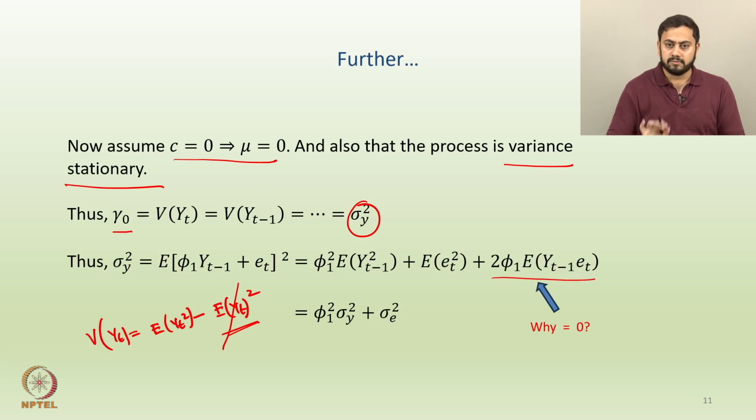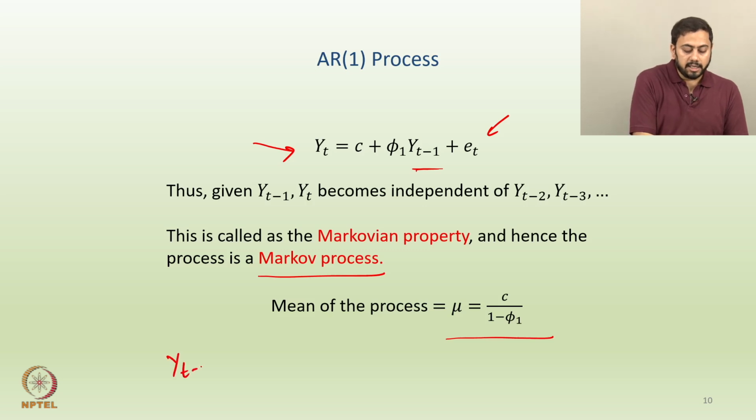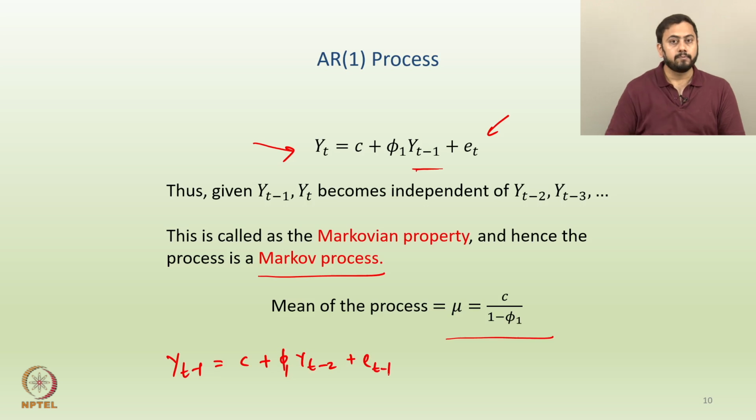Now the most important question is, why is this cross product term equal to 0? Phi 1 is a constant, so phi 1 comes out of the expectation, and then inside the expectation you have yt minus 1 into et. If you go back and look at this general AR1 process, what exactly would yt minus 1 be? Similarly, yt minus 1 would be c plus phi 1 yt minus 2 plus et minus 1, and so on.